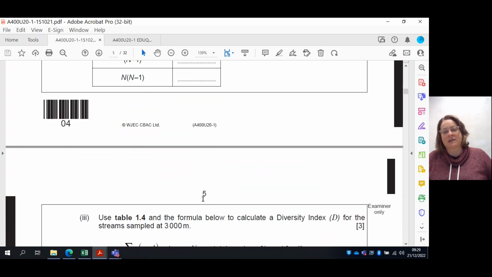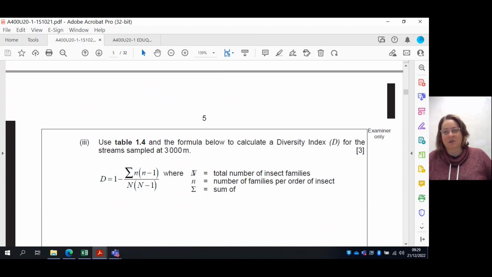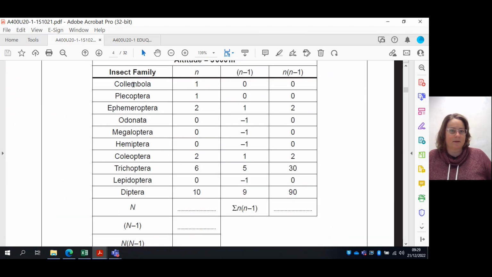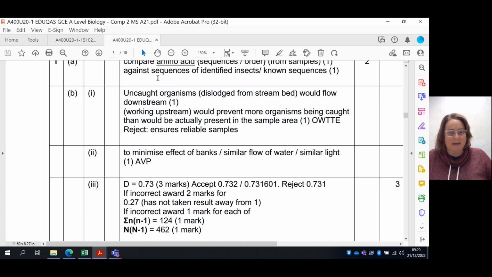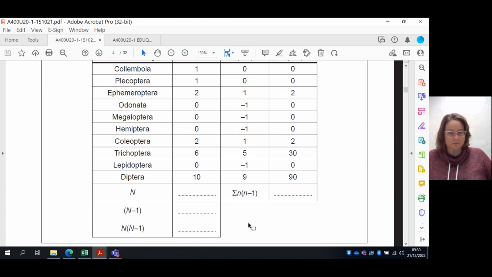It actually, even on the next page, beautifully gives you the capital N definition and lower n definition for the total number of families. That's your total number of families, okay? And then N-1, so whatever that number was, N-1 from there, times N with N-1, and you should be getting to your 462.